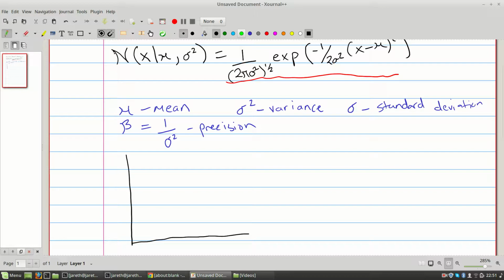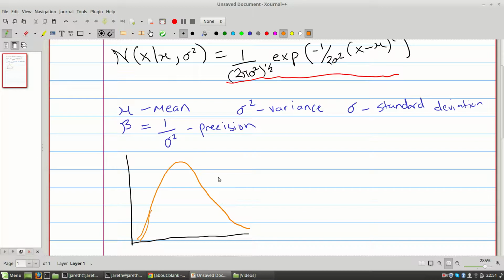Okay, so let me use orange. We have something like that. It looks like a bell, in a manner of speaking.